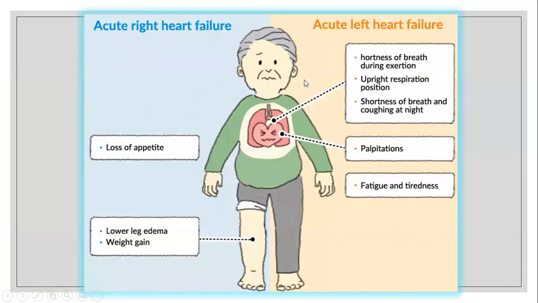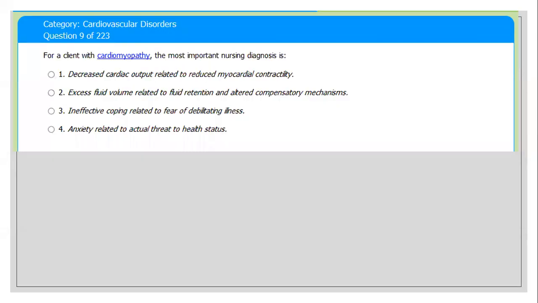In this picture, we can see a very short way to explain right side heart failure: loss of appetite because the GI is involved, lower leg edema because the liver does not work well, also weight gain because fluid accumulates in the body. Left side: shortness of breath, upright respiration, shortness of breath and coughing at night, palpitation, fatigue, and tiredness. So these are more common signs for the patient who has right or left side heart failure.